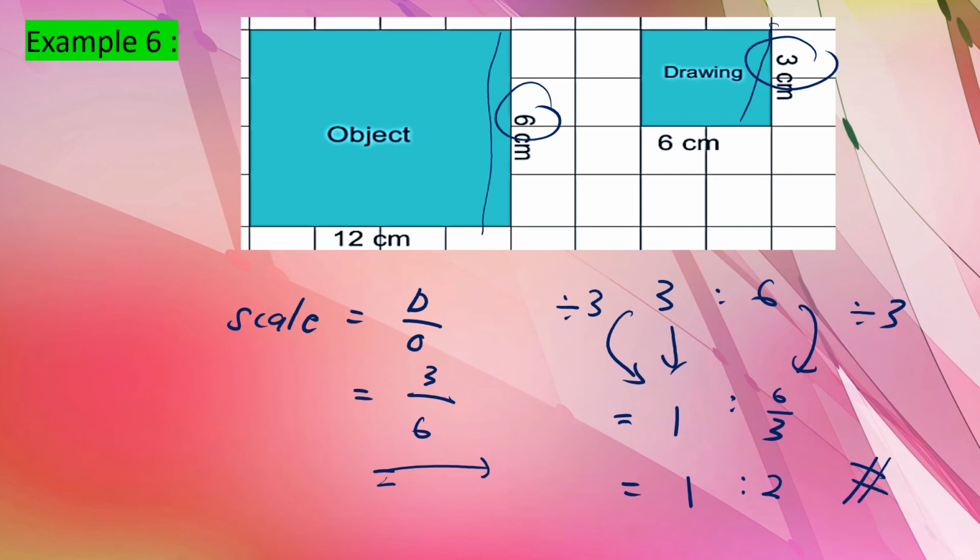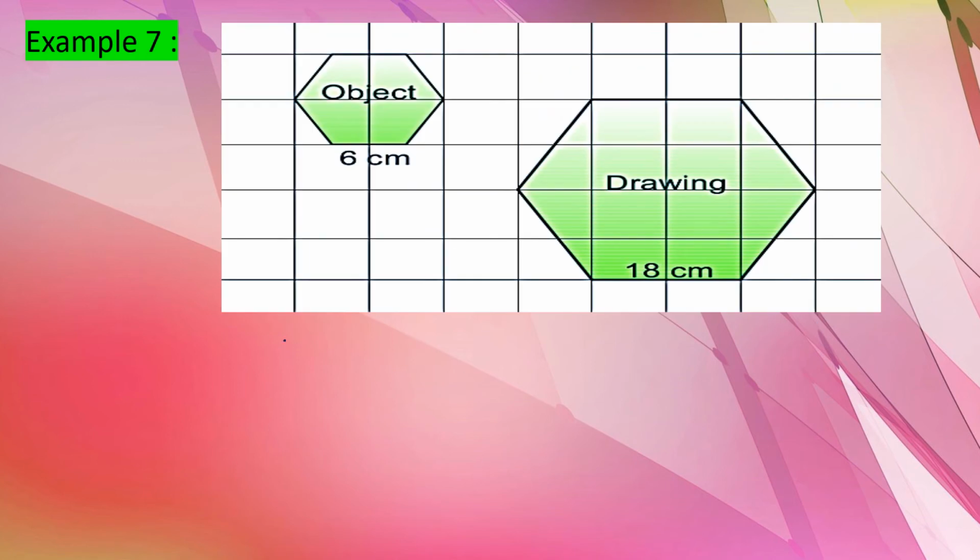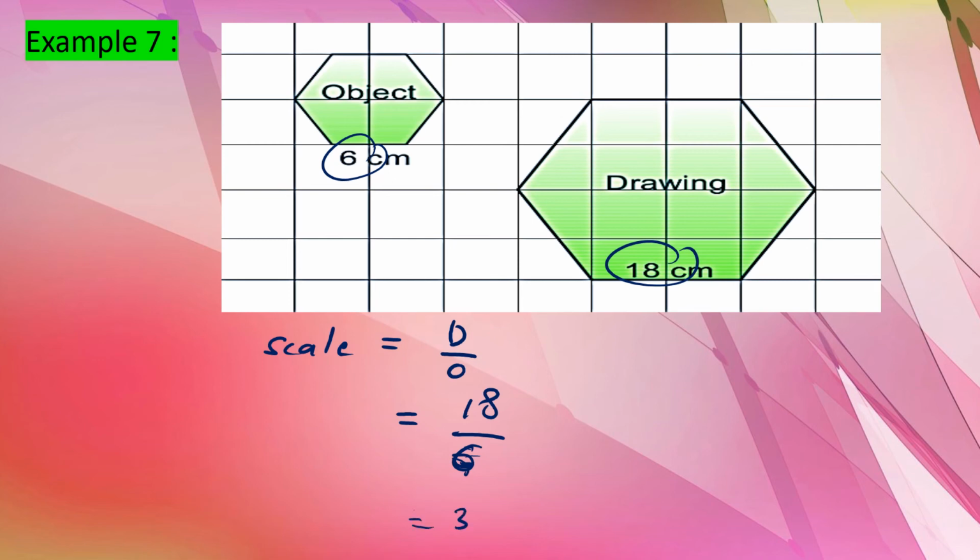The next example. The scale equals drawing over object. What is the drawing? For the length of side we take 18, and for the object we take 6. Then 18 divided by 6 is 3. Teacher, how do we convert to the ratio? You take the fraction. To convert to the ratio, the first number must be 1.